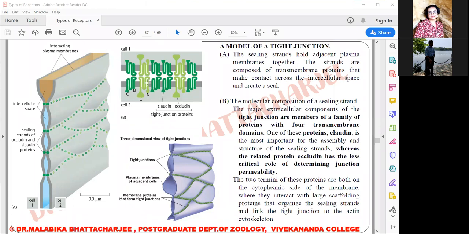I just gave you an example of the exact function of a claudin in kidney cells, but the exact definite functions of occludin are still not known in detail. Now, as you can see from the structural pictures given here, these pictures are from Bruce Alberts, the green ones are from Bruce Alberts, and this is from Karp.